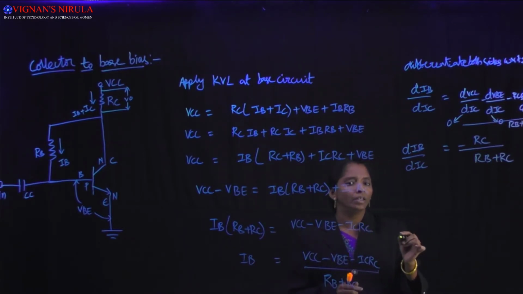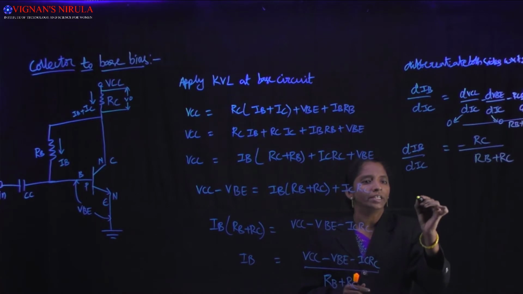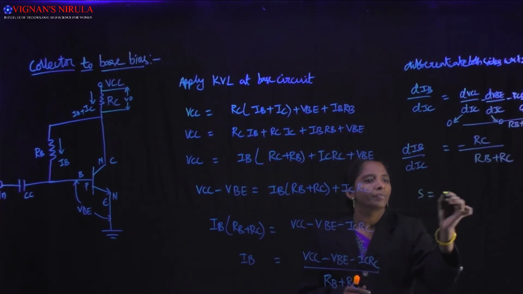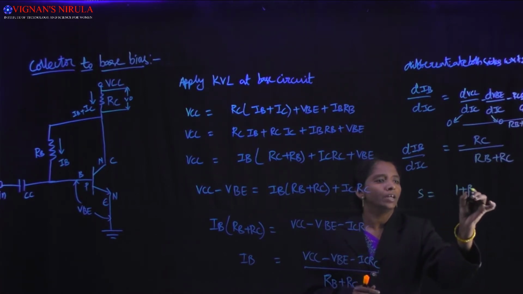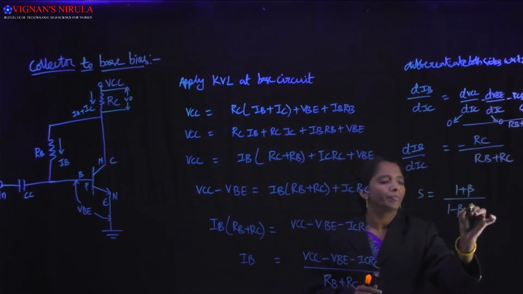But we know the stability factor equation, that is S equal to 1 plus beta divided by 1 minus beta into dIB divided by dIC.